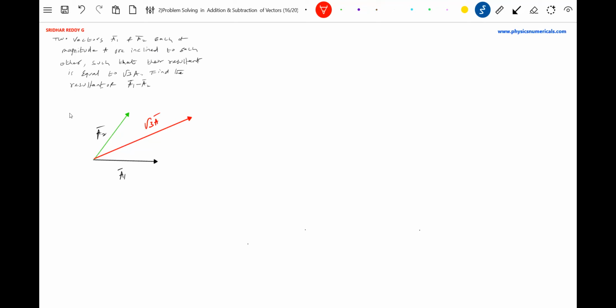Let me use a symbol. Then what is R1? R1 is equal to, the magnitude is root 3A. This is A1 bar plus A2 bar, no? So what is R1 bar, which is equal to A1 bar plus A2 bar? The angle between them is again theta.